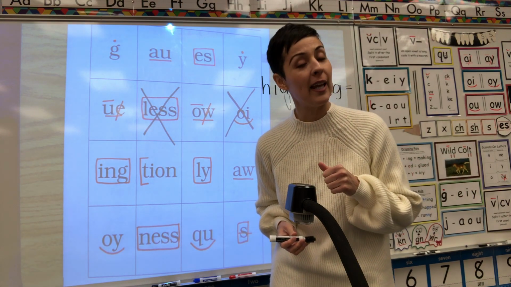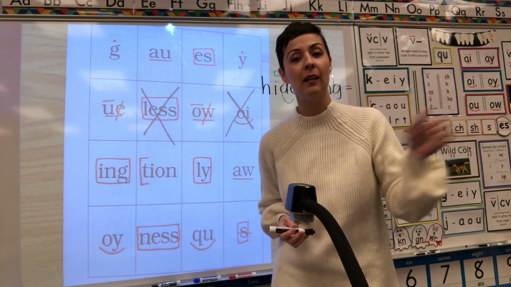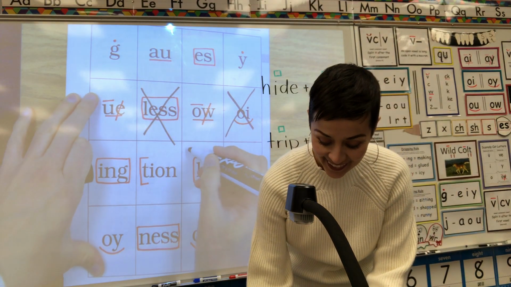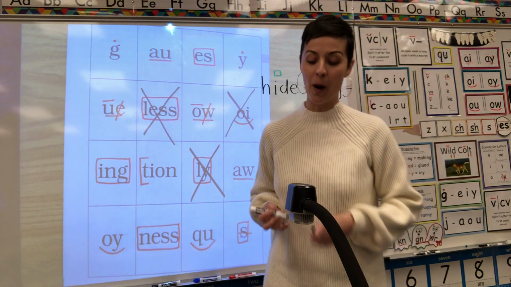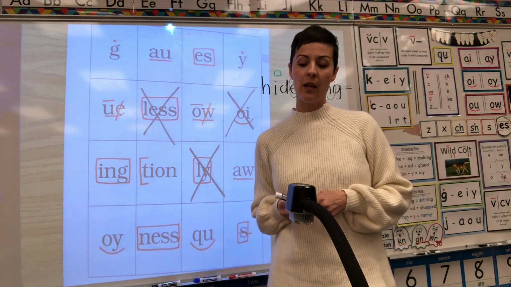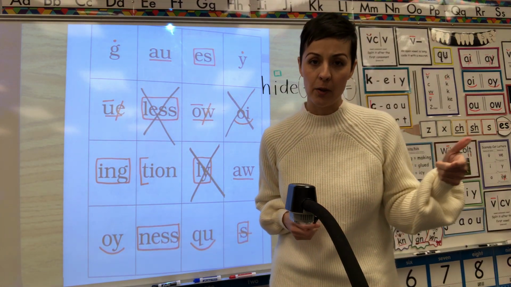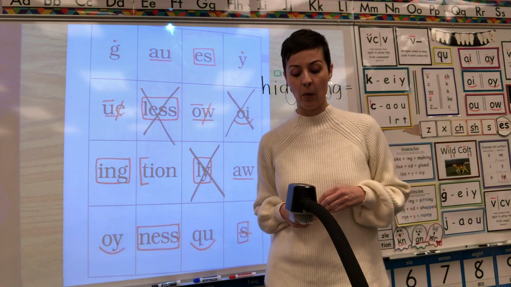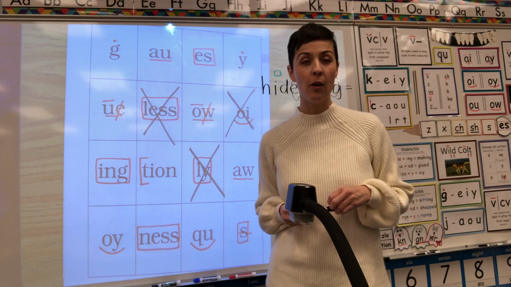Next one, cross off for me, what's the suffix you hear at the end of madly? Suffix ly. You got it, L-Y. Next one, what's the final sound you hear at the end of flow?